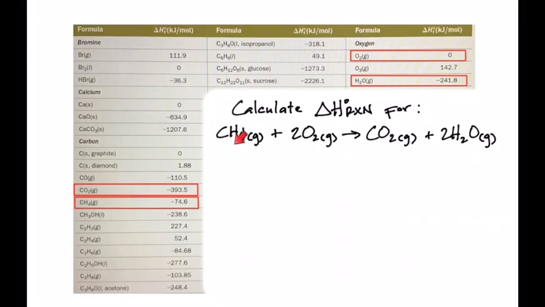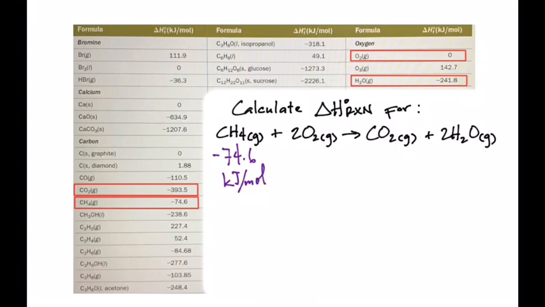So for example, for CH4, it says negative 74.6 kilojoules per mole. So we're going to put that right underneath it. So negative 74.6, and again, this is kilojoules per mole.